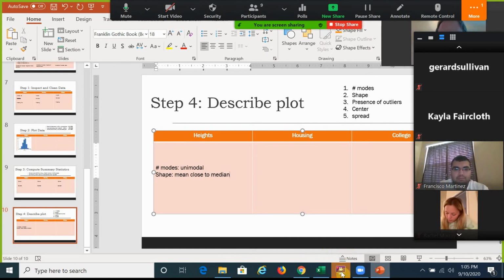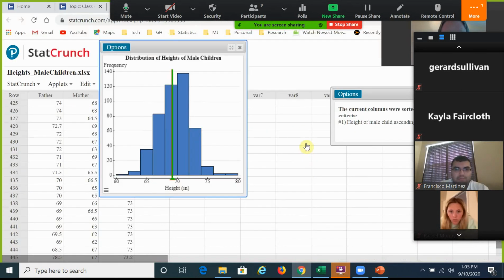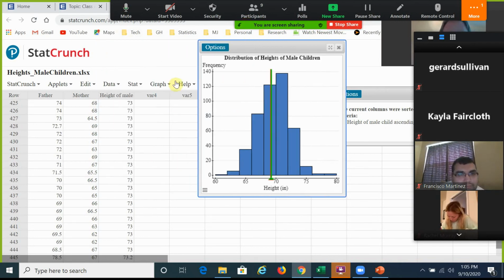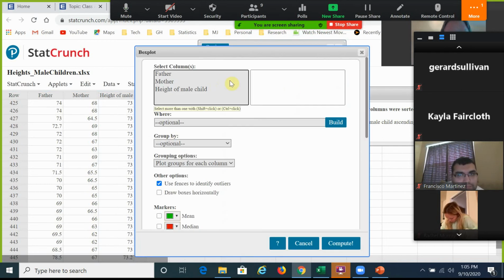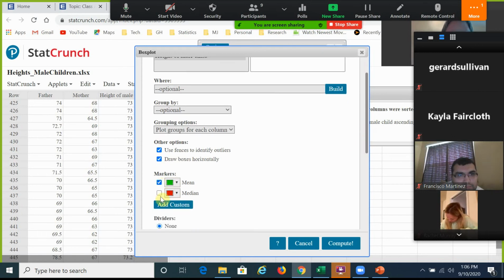But there's another way too. Sometimes you're making these plots, and it really is genuinely hard. And this is when you make a box plot. Okay, so let me show you. I'm going to make a box plot here, and I'm not going to bother to put in all of the other junk I need. I'm going to put the mean and the median.